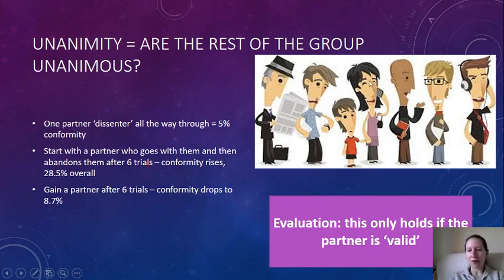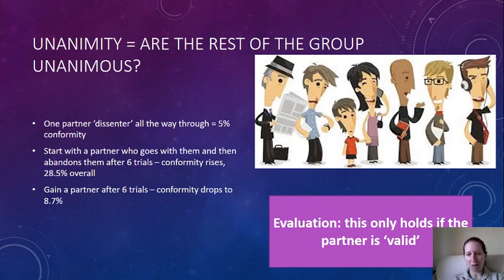So we have one person that gives the correct answer while everyone else gives the wrong answer. And in that case, it's only a 5% conformity rate, again comparing to our 36% from the original experiment. So if you have even just one person that gives the correct answer, conformity levels really drop in this experiment.